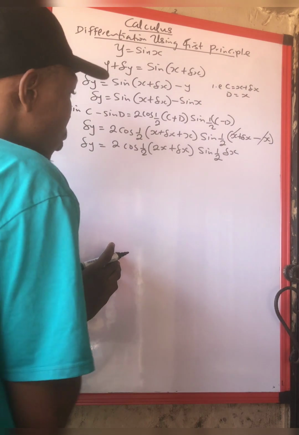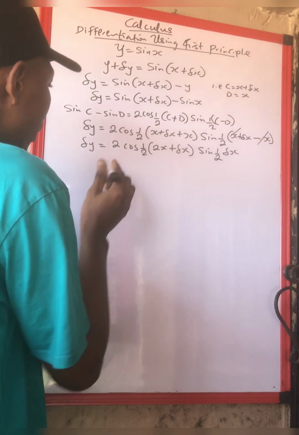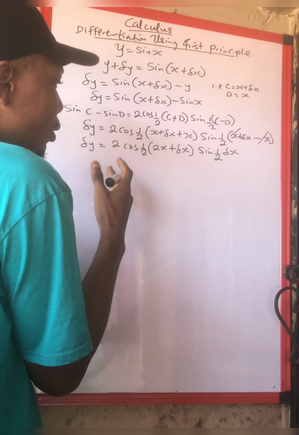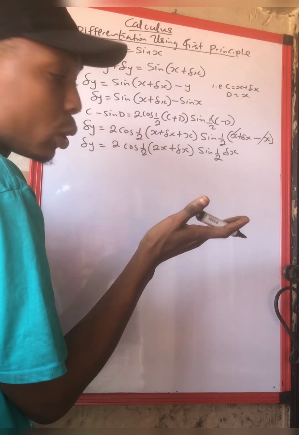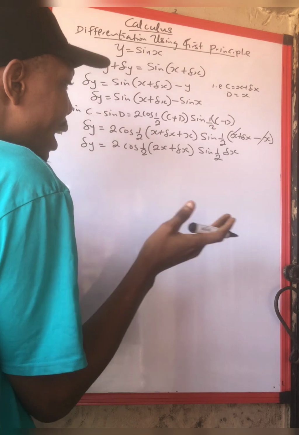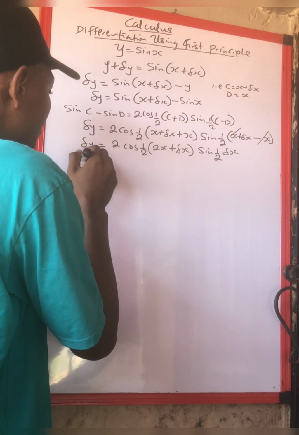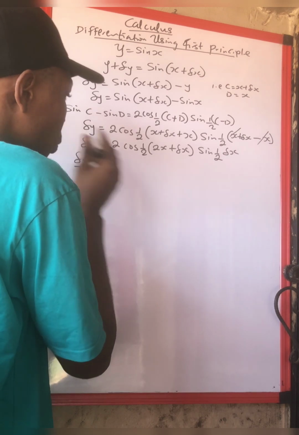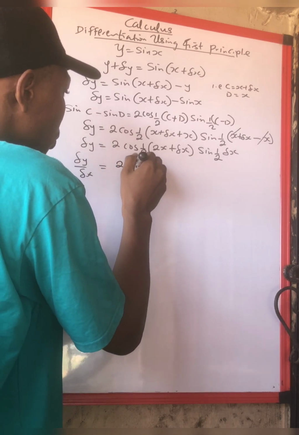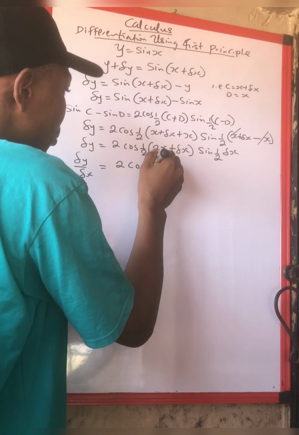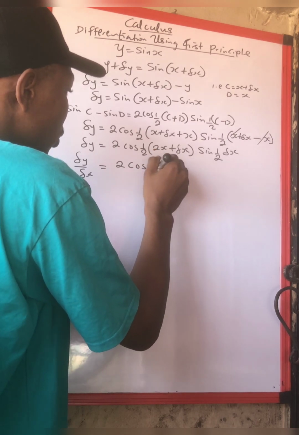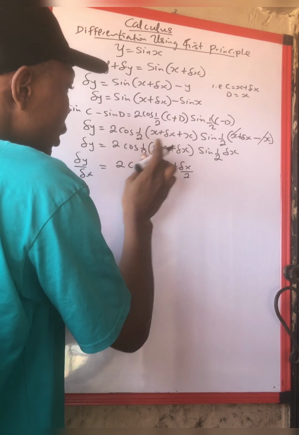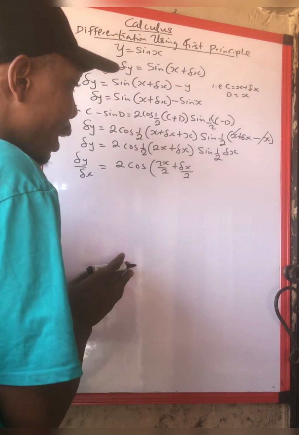From there, you can divide through by change in x. In dividing through by change in x, it becomes change in y over change in x equals 2 cos, and here it's sitting as bracket 2x over 2 plus change in x over 2, because this 2 is affecting everything inside the bracket.